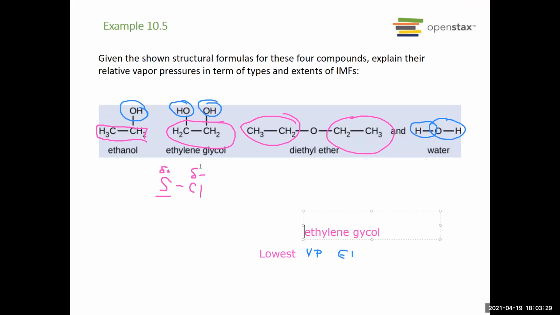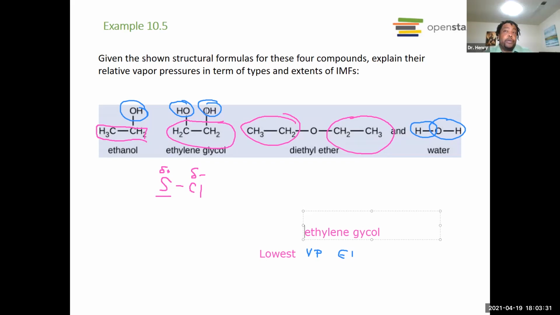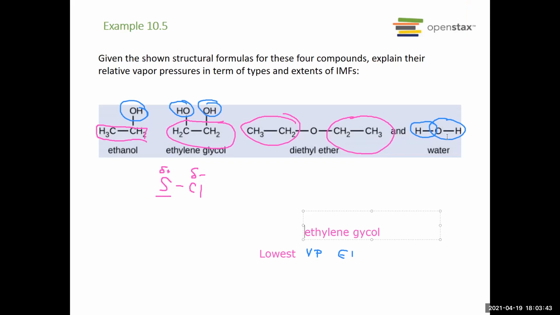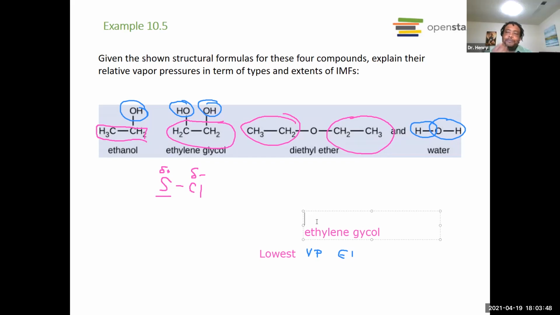Oh, right, okay. And so this guy technically has two hydrogen bonds, and it also has dispersionary forces, where this guy only has the hydrogen bonds. Oh, okay. So then who's next? Water.